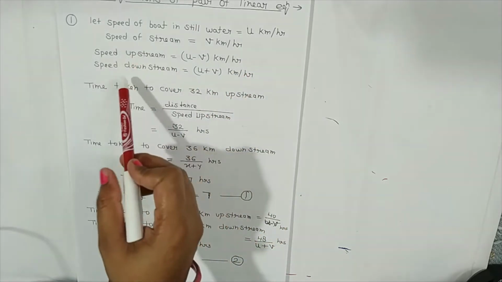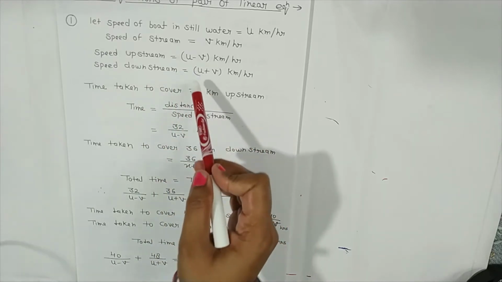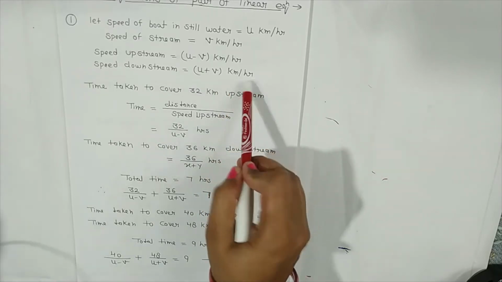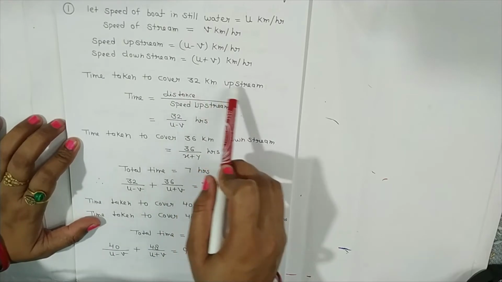On the other hand, speed downstream will be the addition, so u plus v kilometer per hour.